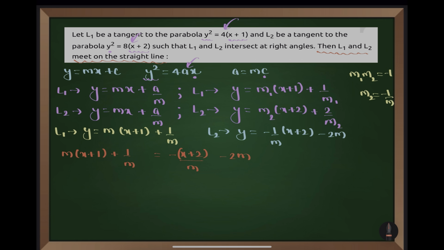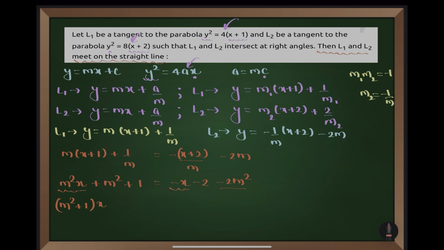Can I multiply both sides by m? So we will have m square times x plus 1, plus 1, equals minus x minus 2 minus 2m square. Now I'll ask everyone to come on the same side. So here also we have x, here also we have x. So these two things will get clubbed. So m square plus 1 times x.